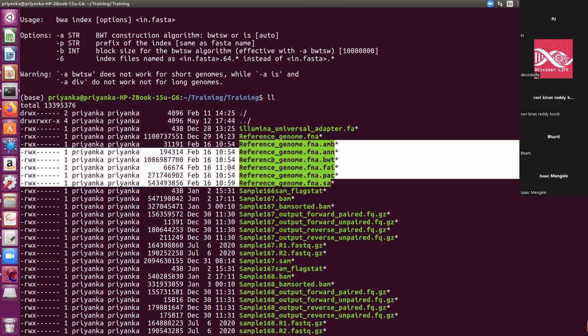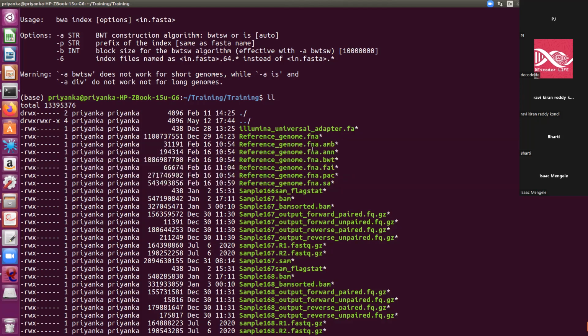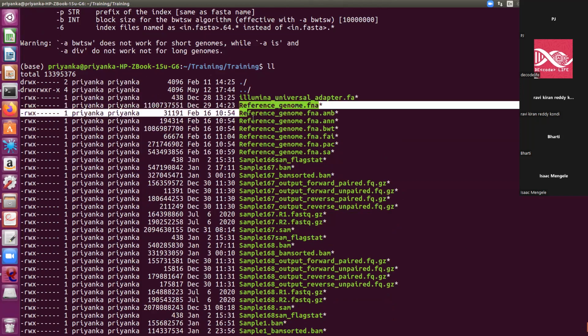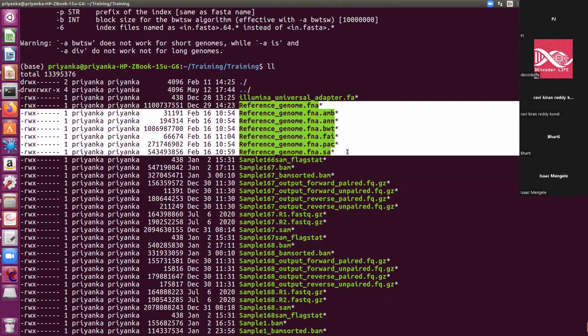These are all the outputs when you are indexing using BWA index. If you are using some other software, you will not get these files. Bowtie gives .bt2 files, for example. So it depends on how the algorithm of that software is based. Now we will be using these files for our alignment step. Okay.